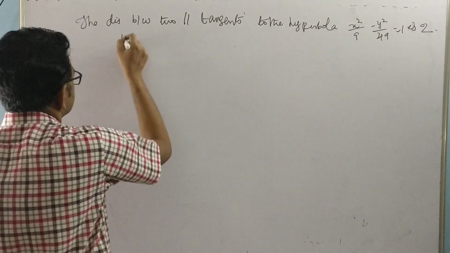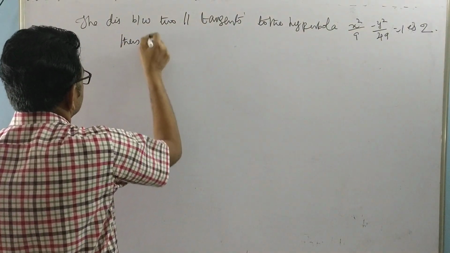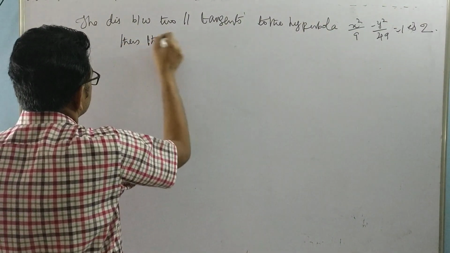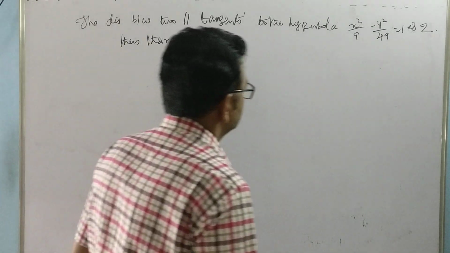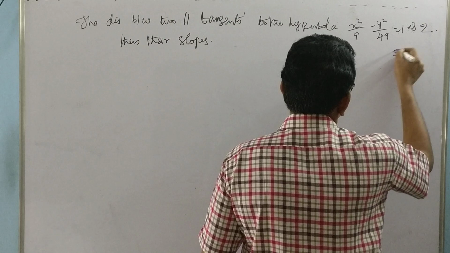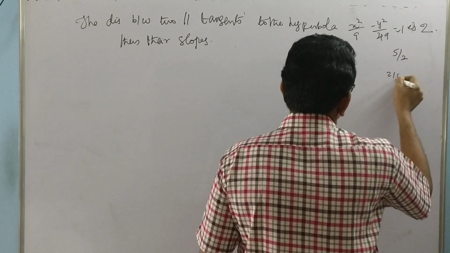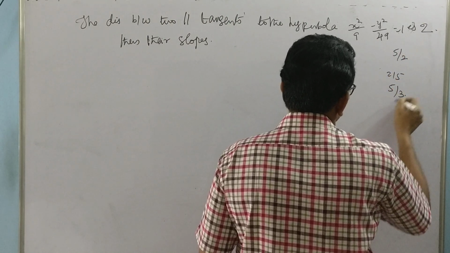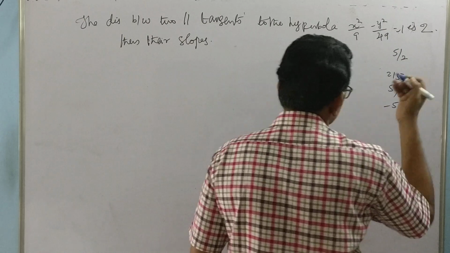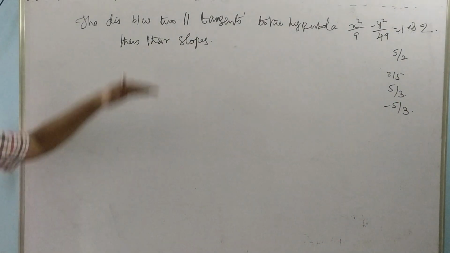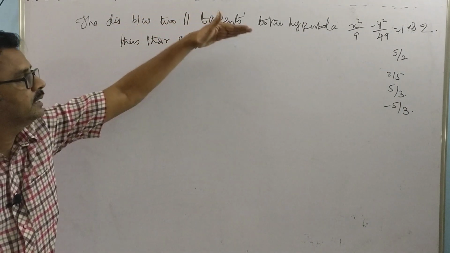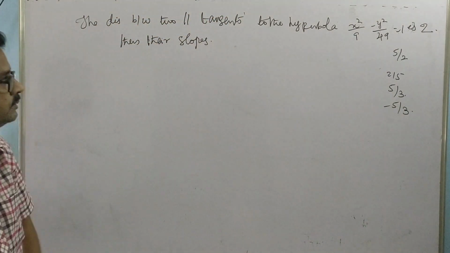Then their slopes. The options are 5 by 2, 2 by 5, 5 by 3, minus 5 by 3. Distance between two parallel tangents to the hyperbola.